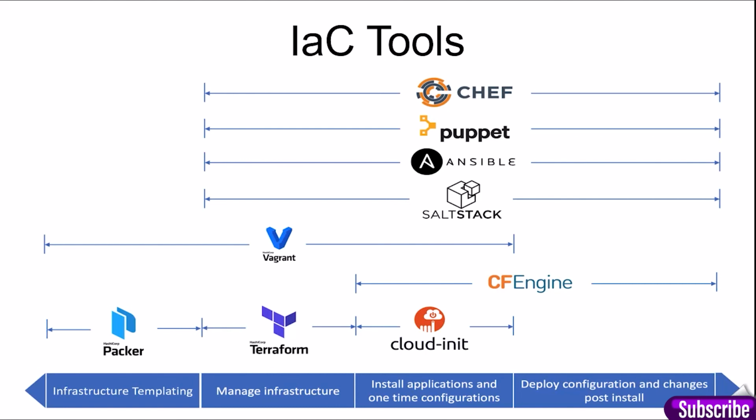Like here in this diagram, we can see Ansible, Puppet, or Chef can help you to manage infrastructure, install applications and do one-time configuration, and deploy configuration and changes post-install as many times as you want. But tools such as Vagrant only help you with infrastructure templating, managing infrastructure, and installing applications.